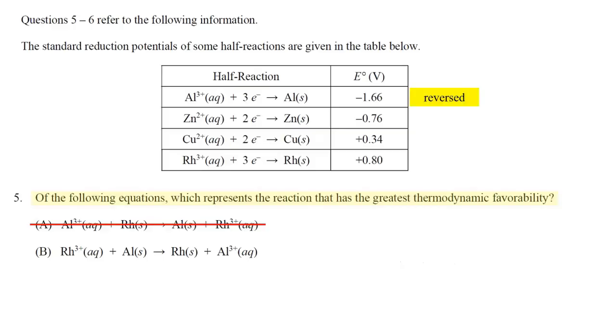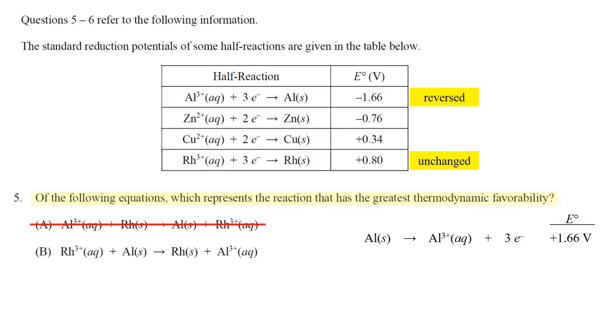So this time I'm going to reverse the aluminum half reaction. That's going to put solid aluminum on the left and aqueous aluminum ions on the right. I had to reverse the cell potential, so now instead of negative 1.66, it's positive 1.66 volts. And then for the rhodium, I will leave it unchanged since we can't have two reduction half reactions or two oxidation half reactions.